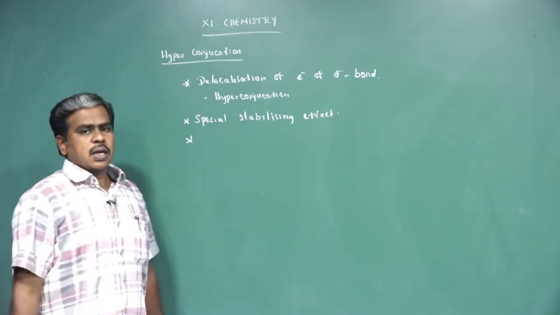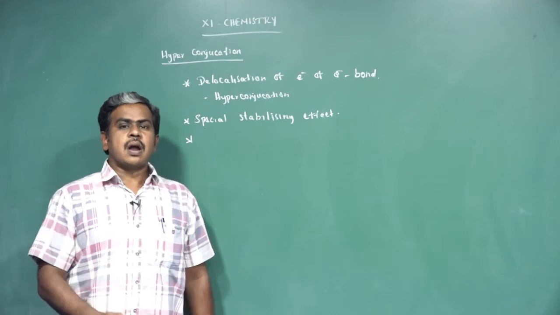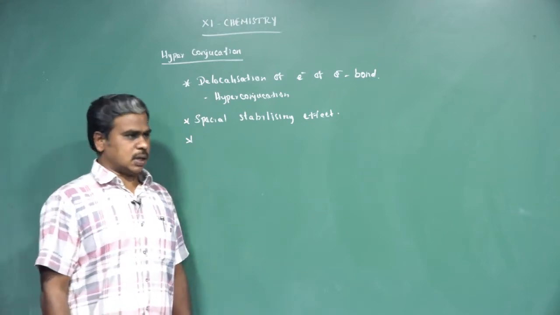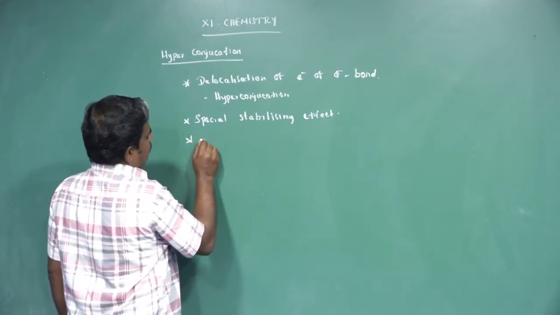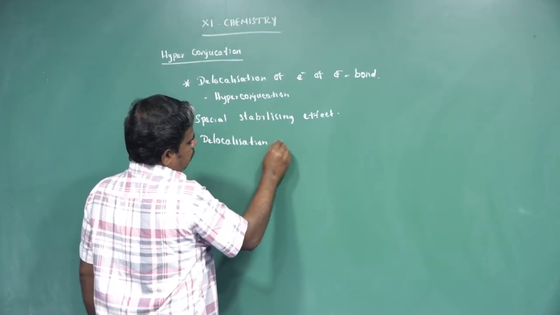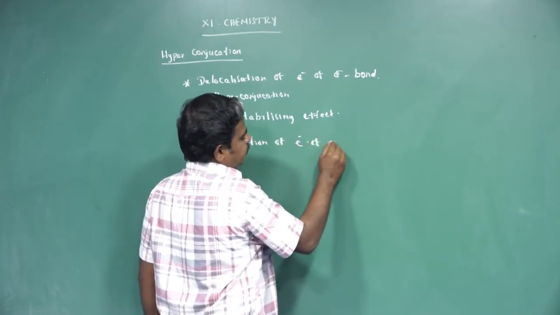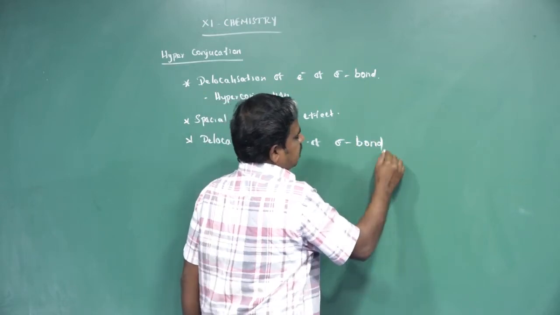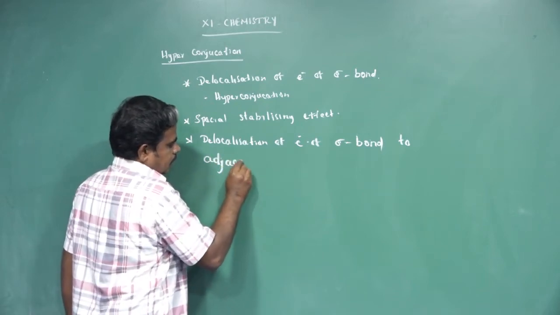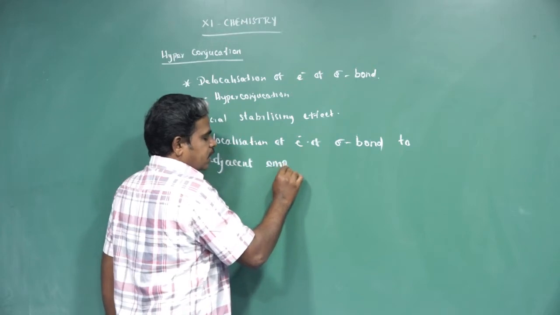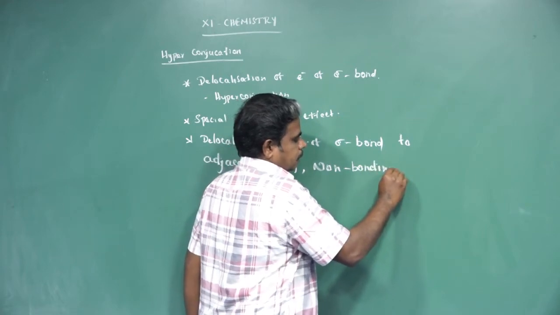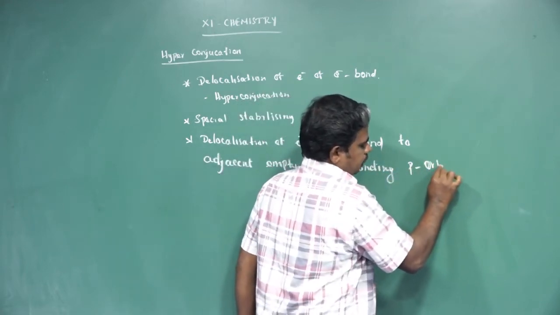And here it is due to the delocalization of electrons of the sigma bond to the adjacent empty non-bonding p orbital.